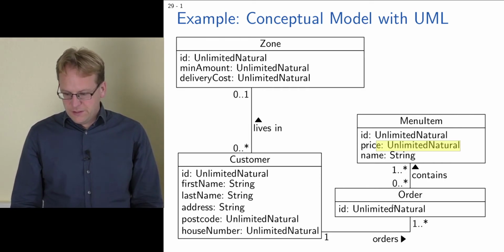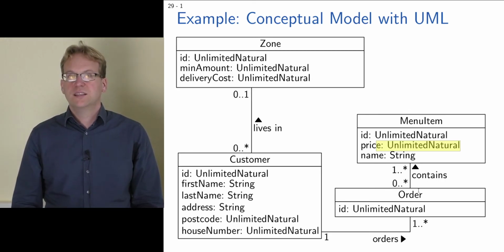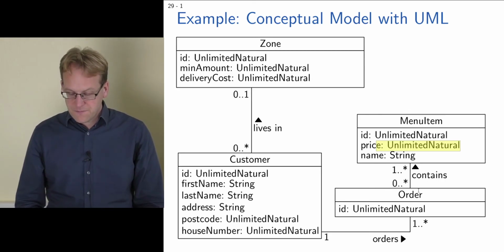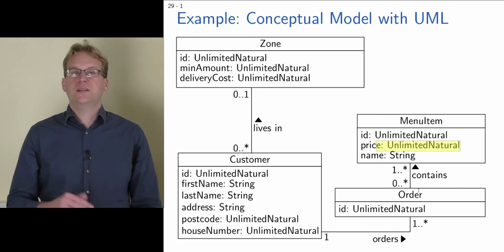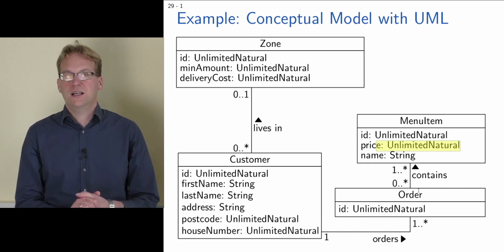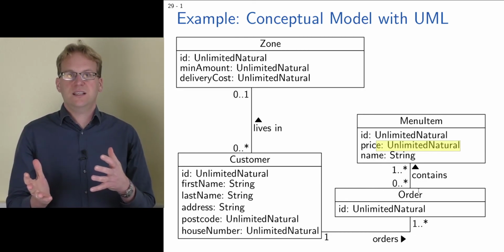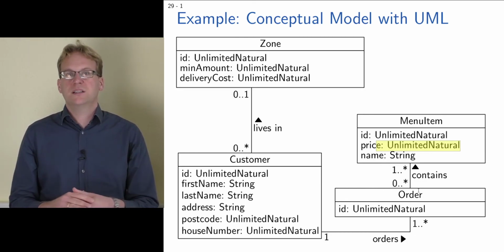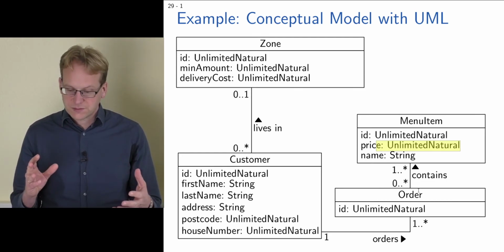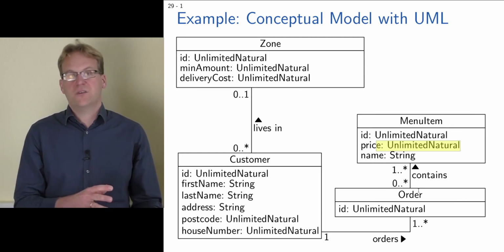Then we have the order. One customer calling us and ordering something. And this order we also keep as an object in our model so that we can keep track of orders. We can see then later which customer made which order.